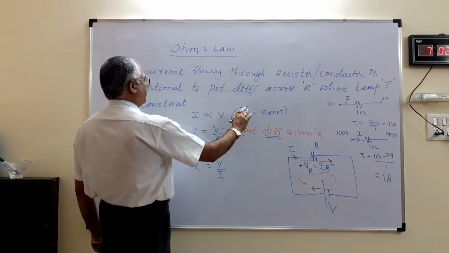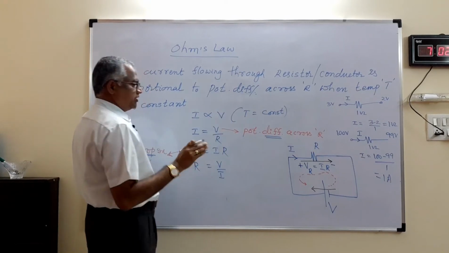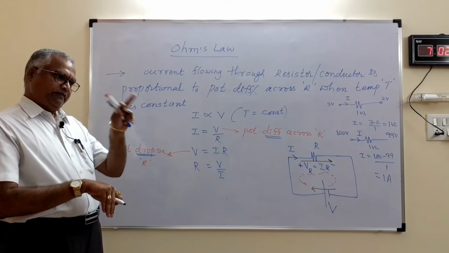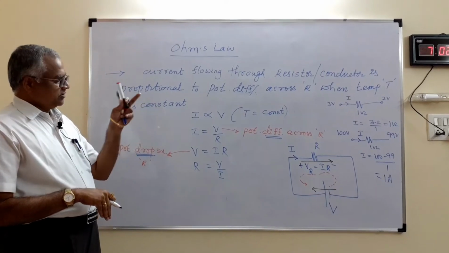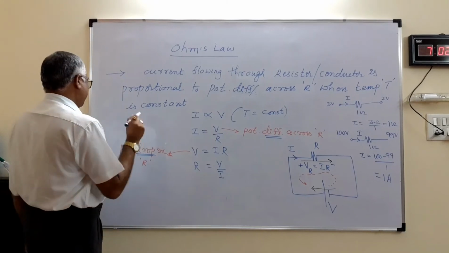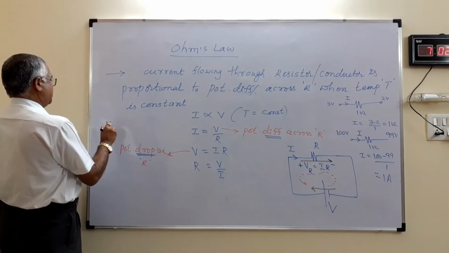Imagine temperature is not constant, then resistor value also changes in real time. With time temperature is changing, resistor value is changing, then drop also changes. So in that case, how will the law change?